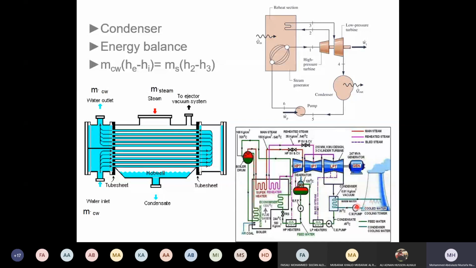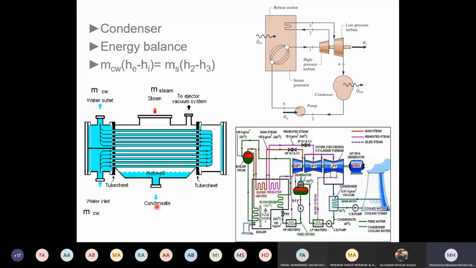So how much cooling water do we need? This is the condenser. You have the water in, and the steam in here. The steam goes around in the shell, around the tubes. The water comes in these tubes and goes out as water out, and the steam leaves as condensate at this outlet.